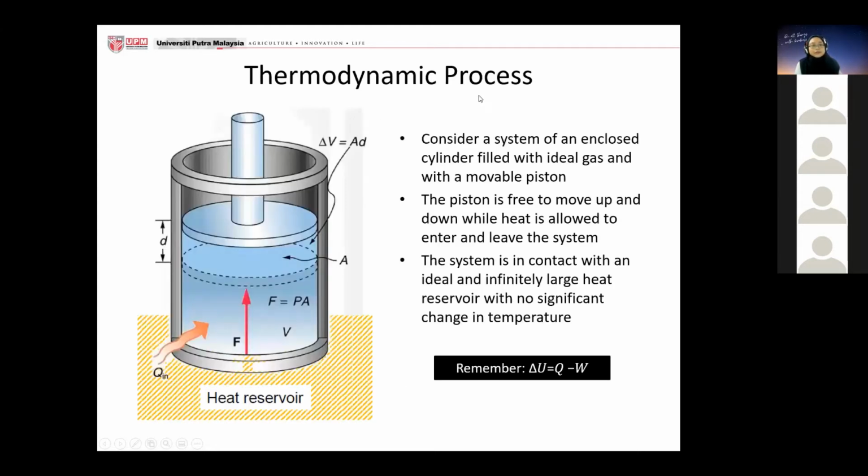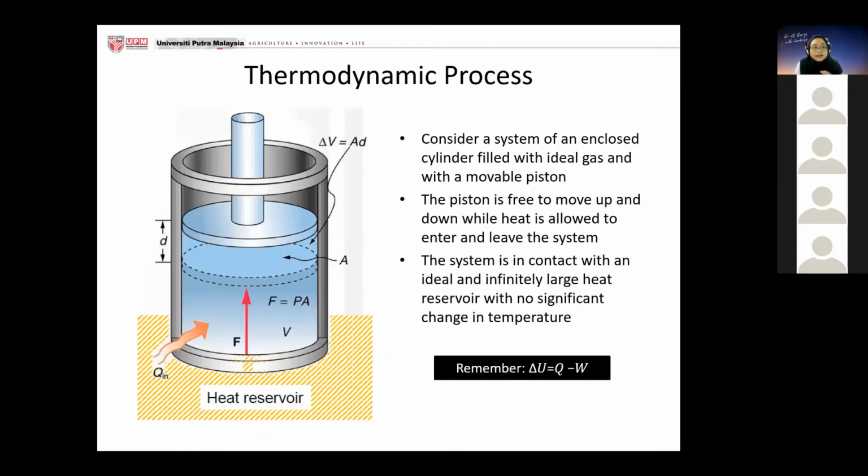So please consider a system of an enclosed cylinder, for example, this one. Inside the cylinder is an ideal gas, and you have a movable piston. The piston can move up and down on its own, or if work is done.